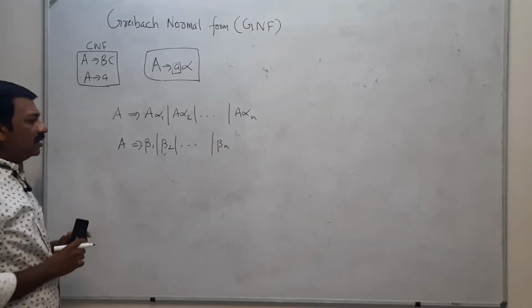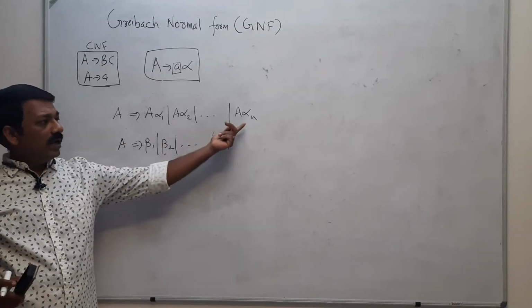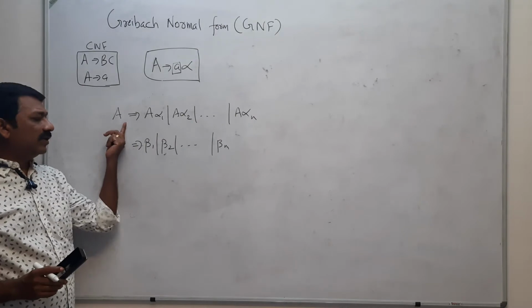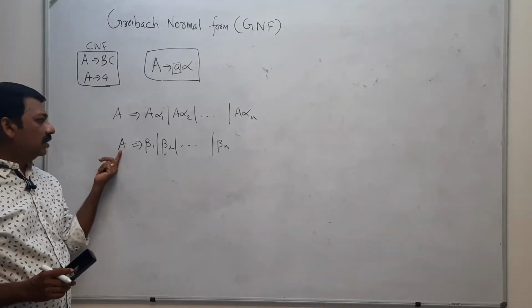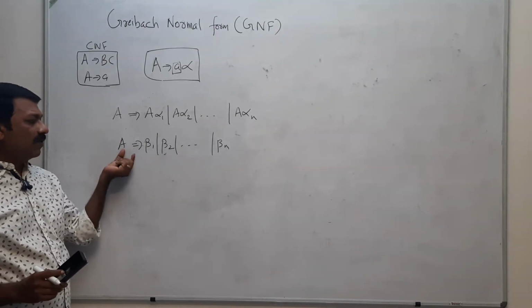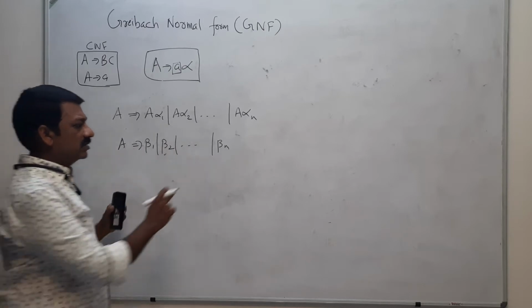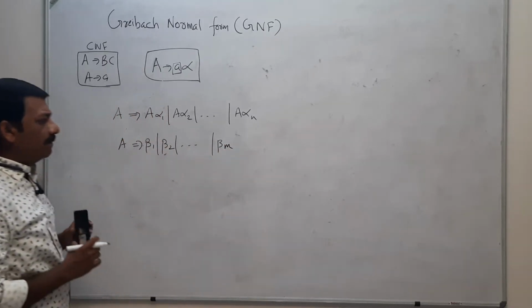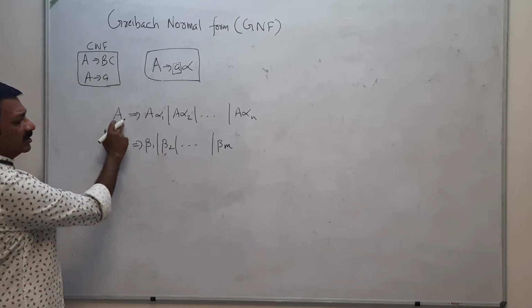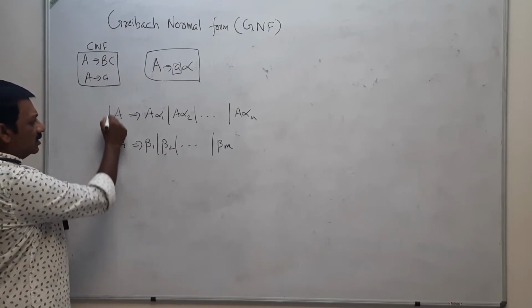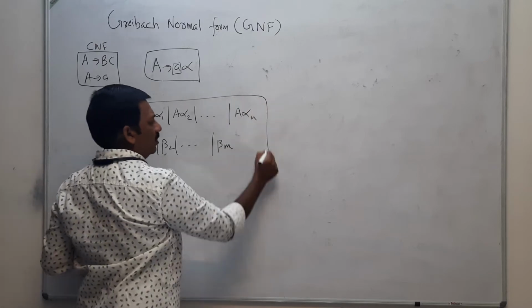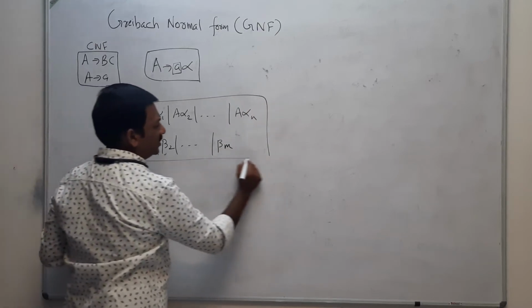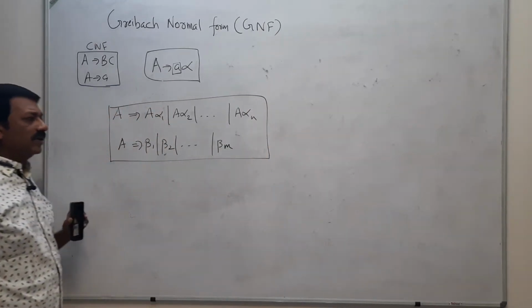That means here we have n productions which have left recursion, and m productions for termination. Now I am going to replace this with this. This is a general form of productions having left recursion.